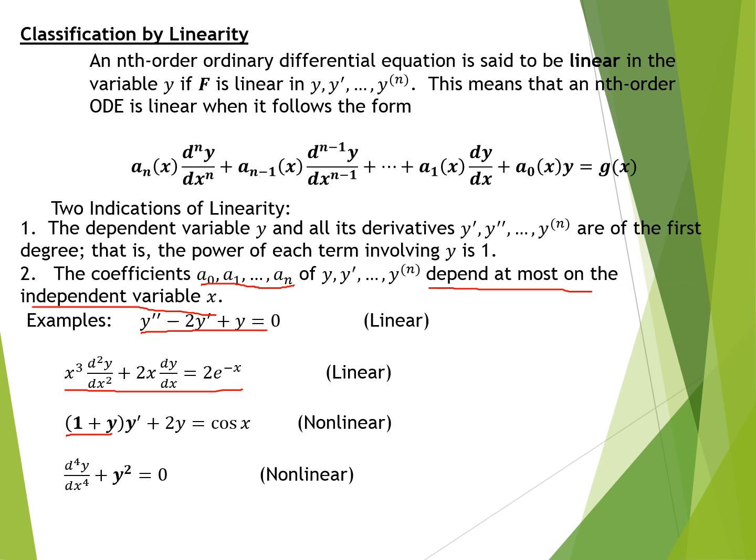Now what about this one? This y squared should have been a function of x. Since this is y squared, this is second degree, and at the same time this is not a function of x, so this will make this DE non-linear.